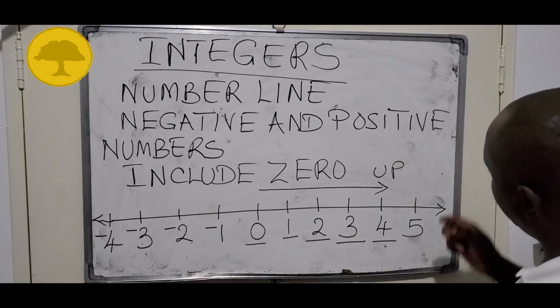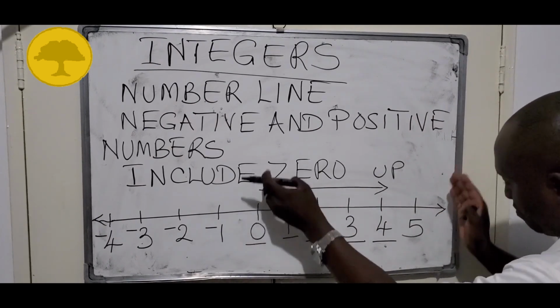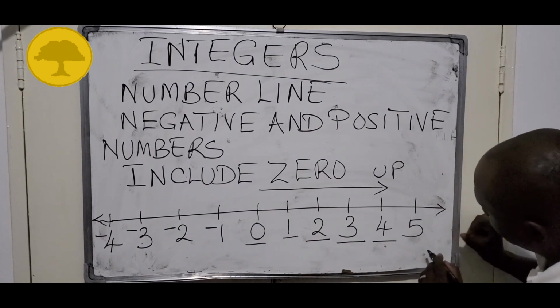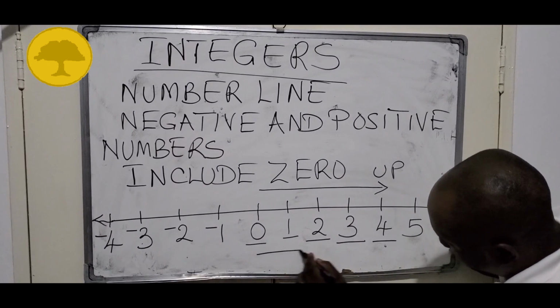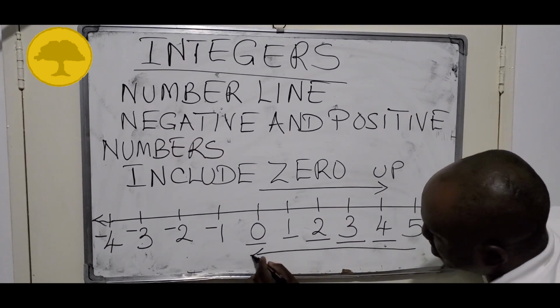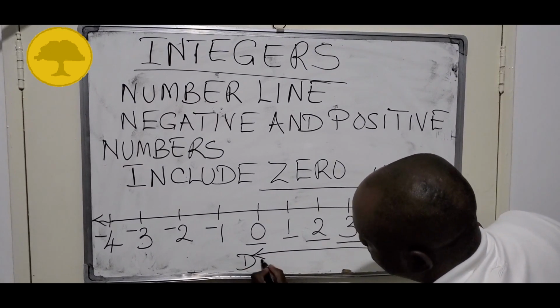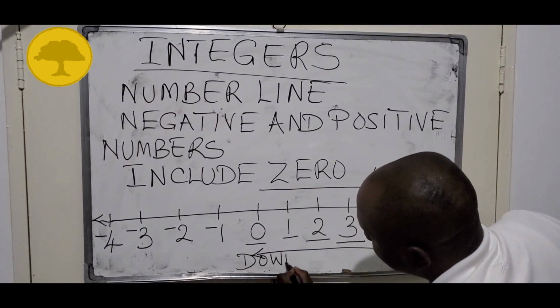Then again, just using the positive numbers, if you start moving from right to left, you discover that numbers start going down in value.